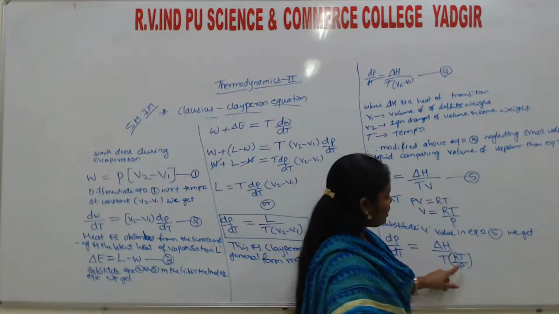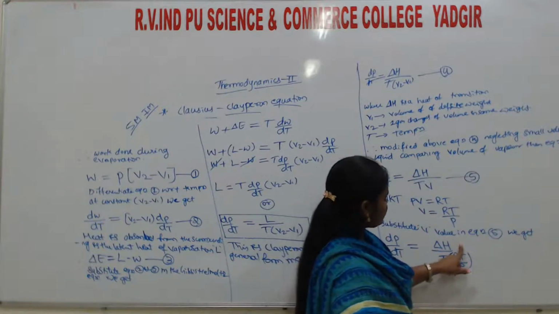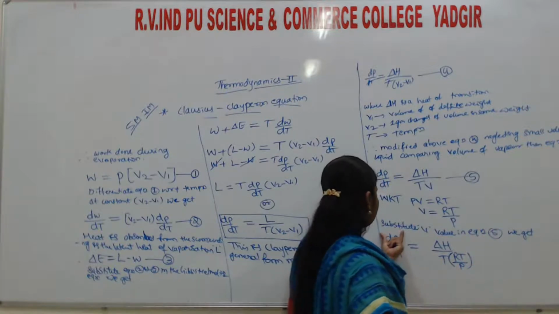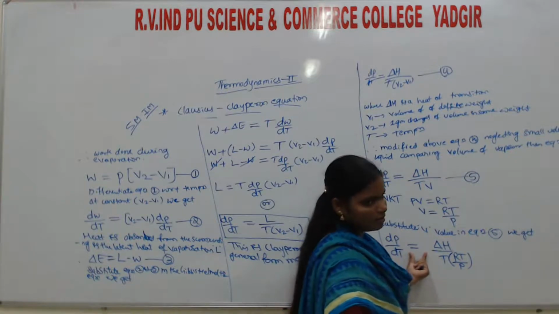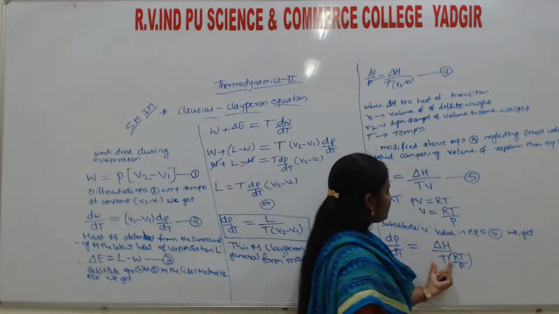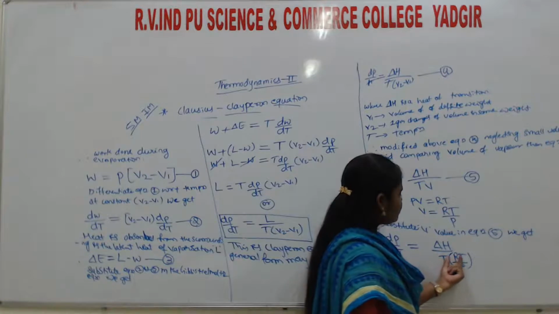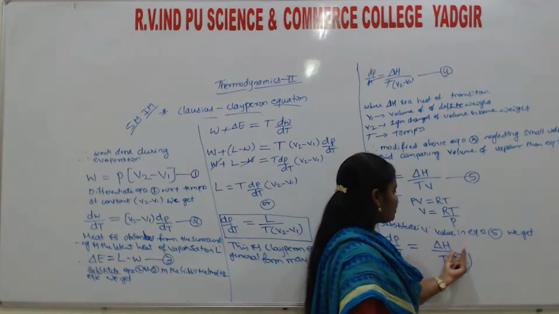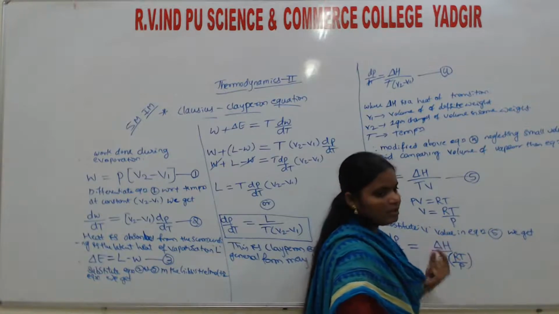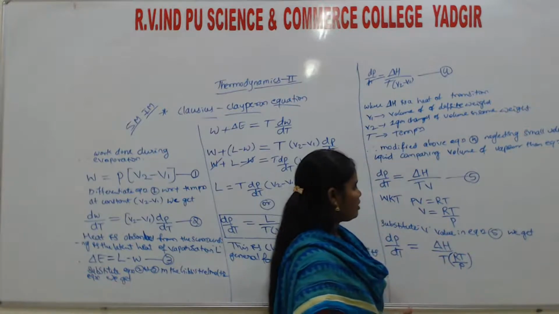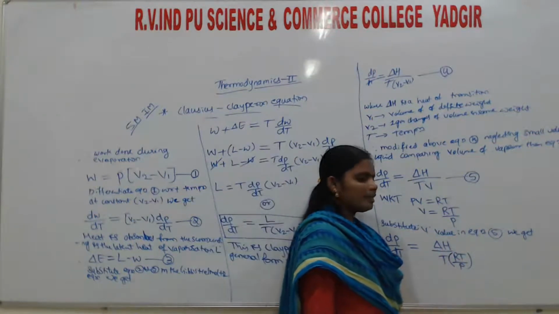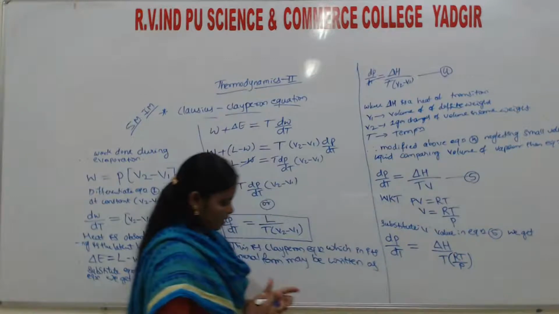When it is division, it goes to multiplication. Therefore dP divided by dT is equal to delta H divided by T into P divided by RT, giving T square. Final equation: dP divided by dT is equal to delta H P divided by RT square.